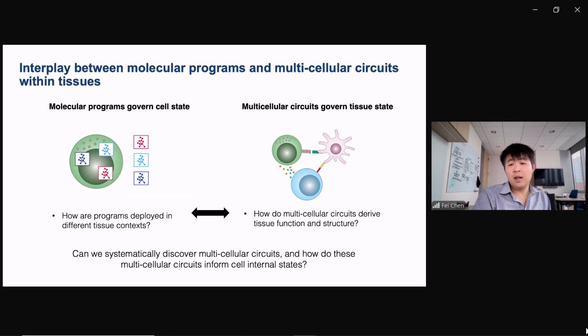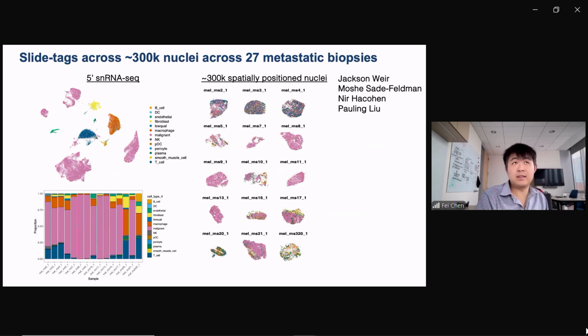Because of these interesting observations in melanoma, we set out to collect a much larger data set of Slide-tags in melanoma. We collected across 300K nuclei across 27 metastatic biopsies. This is a collaboration with Nir Hacohen. This is all pre-treatment, although we do have response status for these patients.